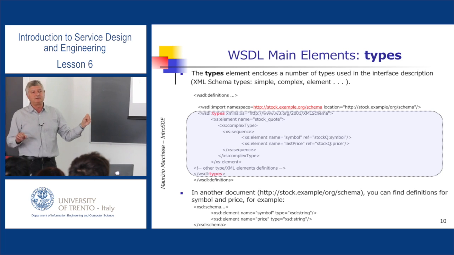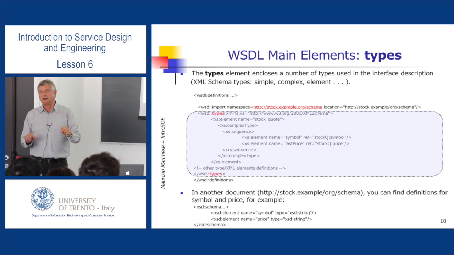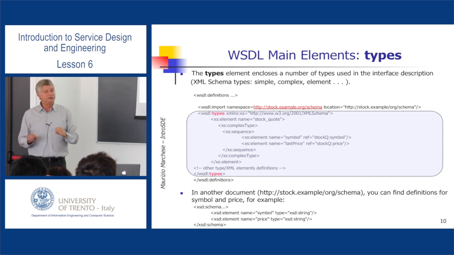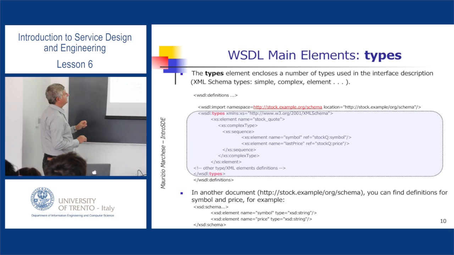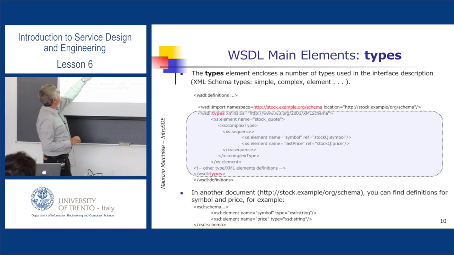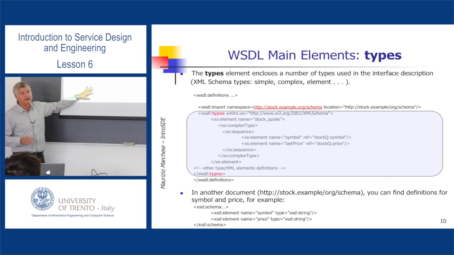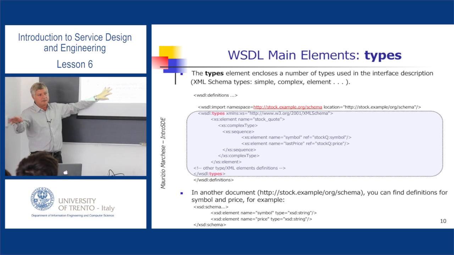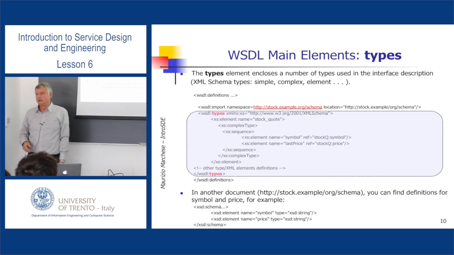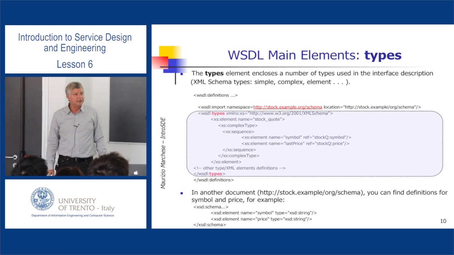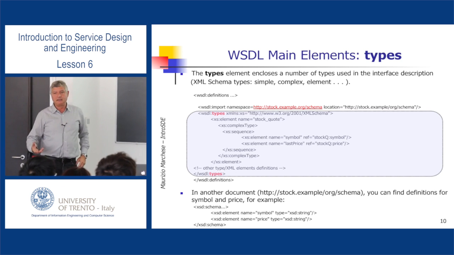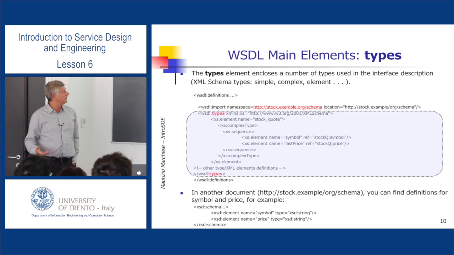You don't need to specify the details of the actual data, because in general you have another document, this one, your schema, where you can specify it. It is outside of WSDL, but it's referable, because it's also in a URI, in which you're actually explaining what your data are.